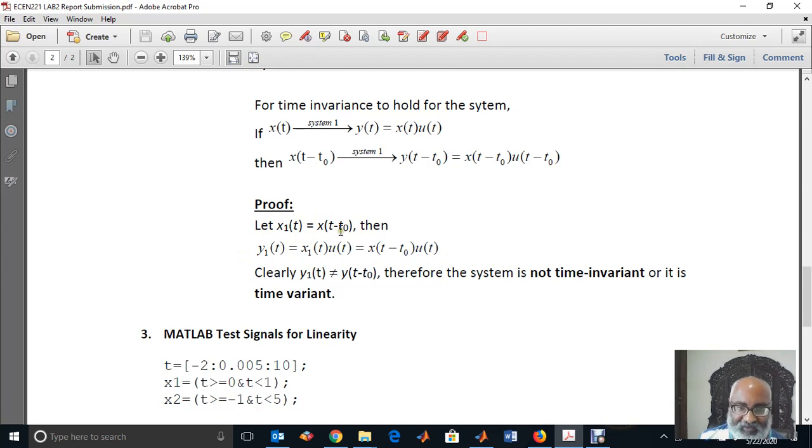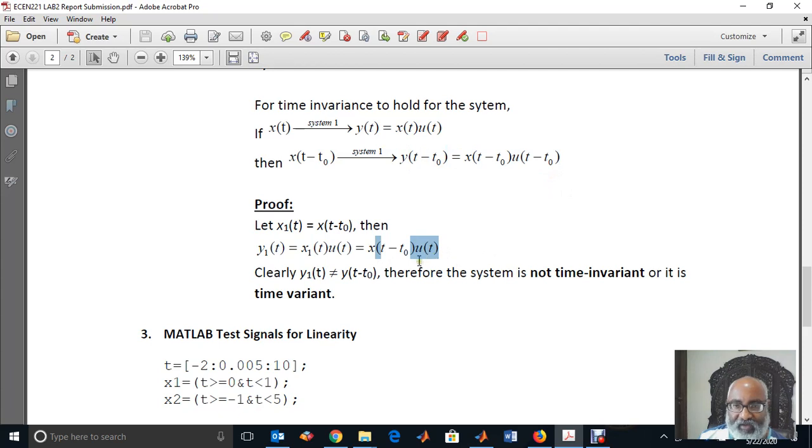So in this second case, the input is first delayed and we pass it through the system. In the first case, first we pass the input to the system and then we delay the output, which is this one. So if we compare this and this, are these two the same?